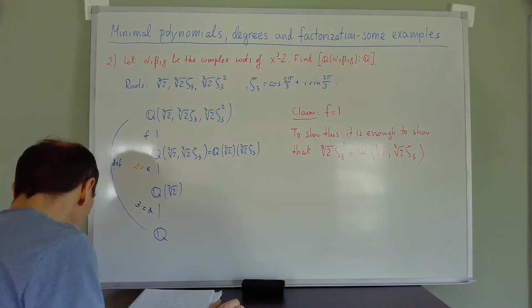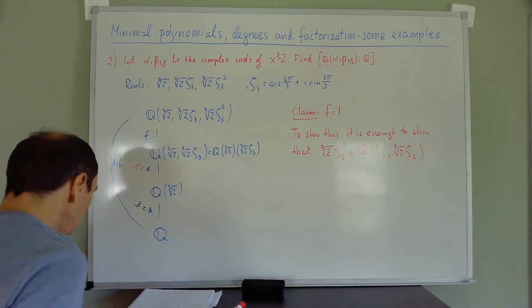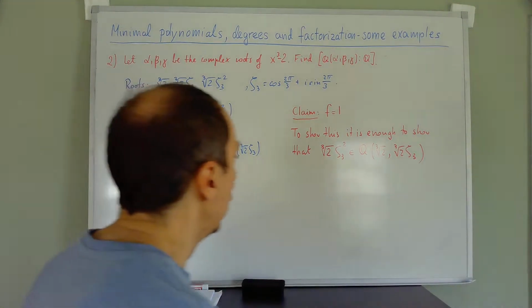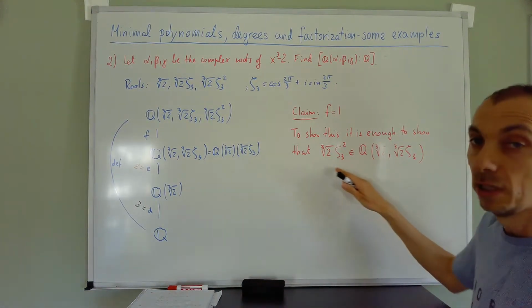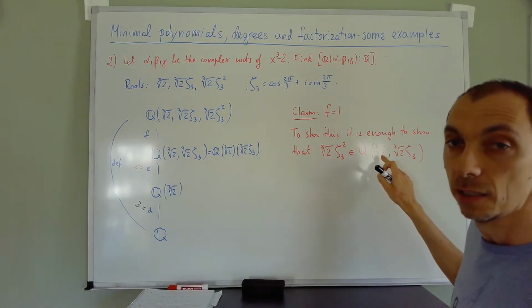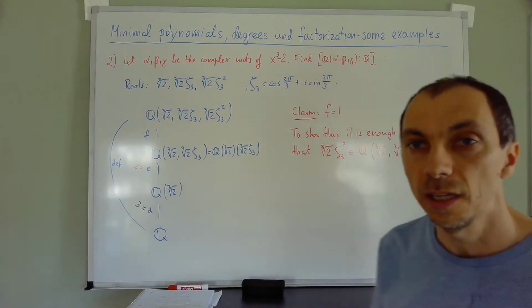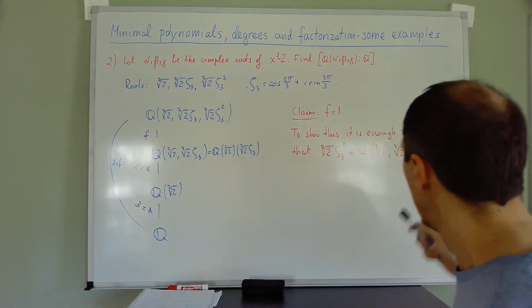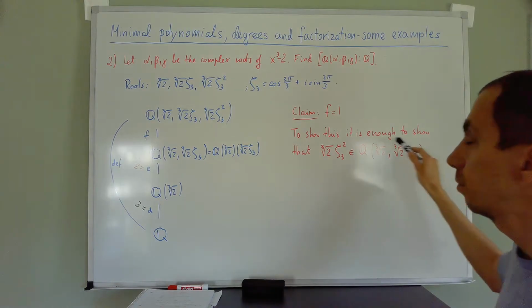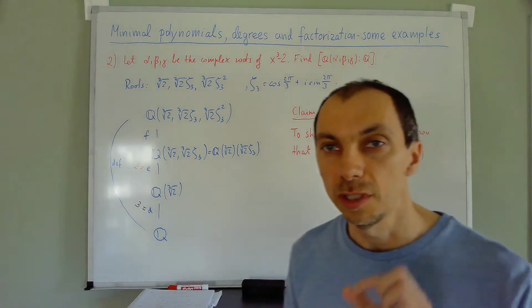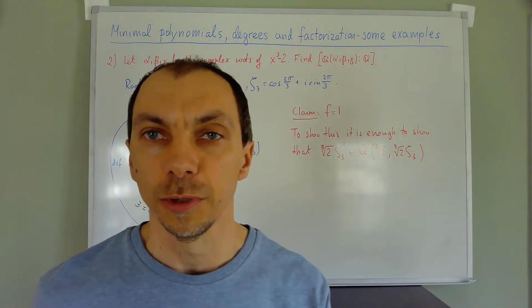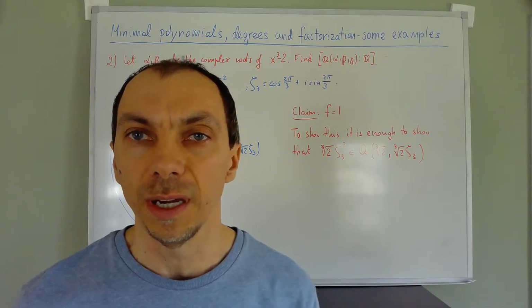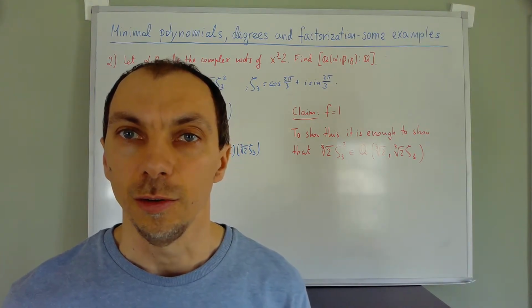So how do I do that? First of all, well, I would like to just say, oh yeah, well, this thing here is just that times zeta 3 squared. But a priori, I do not see that zeta 3 belongs to this field. What I know is that cube root of 2 belongs there, and cube root of 2 zeta 3. I do not have zeta 3 by itself there. Or do I?